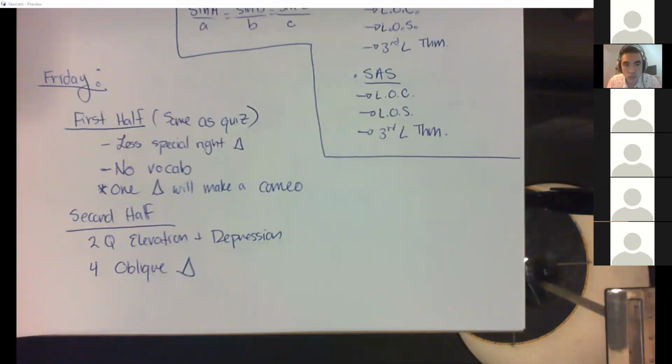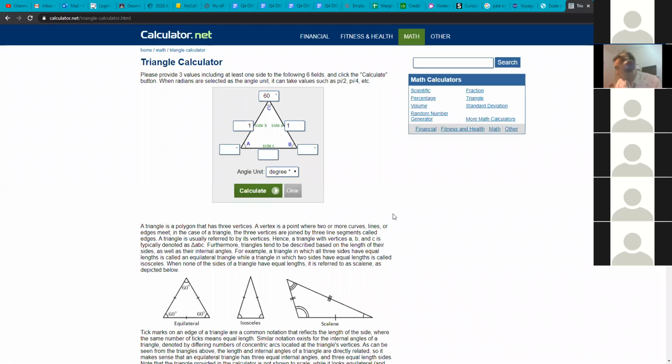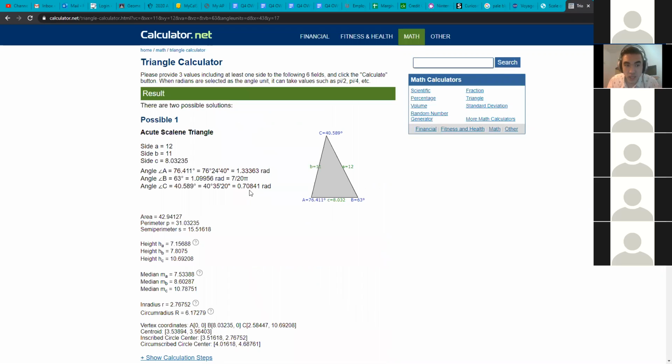So even similar to our last question that we just did, if you were working on that question on your own and you wanted to be sure that you got it right, you could do that pretty easily. So for that triangle before, we were told that side length A was 12, side length B was 11, and angle B was 63 degrees, and we were given no other information. If you want to check your work, it is quick and easy.